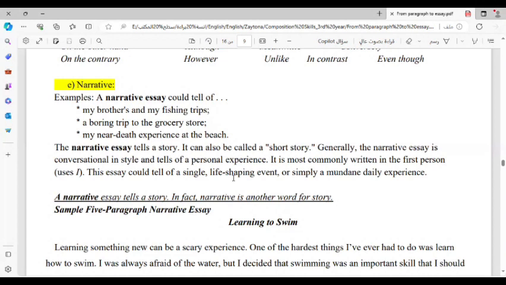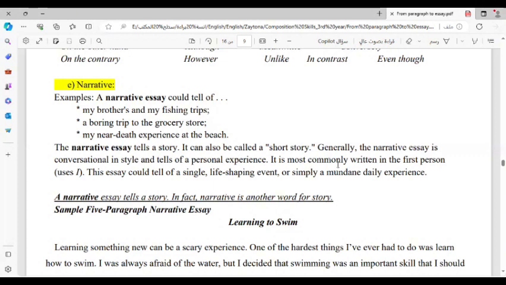When I want to share with you my personal experience, my trip to a place, for example, or how I learned to drive a car, all of these are personal experiences. All of these are short stories that I want to share with you as readers. So this is called a narrative essay.